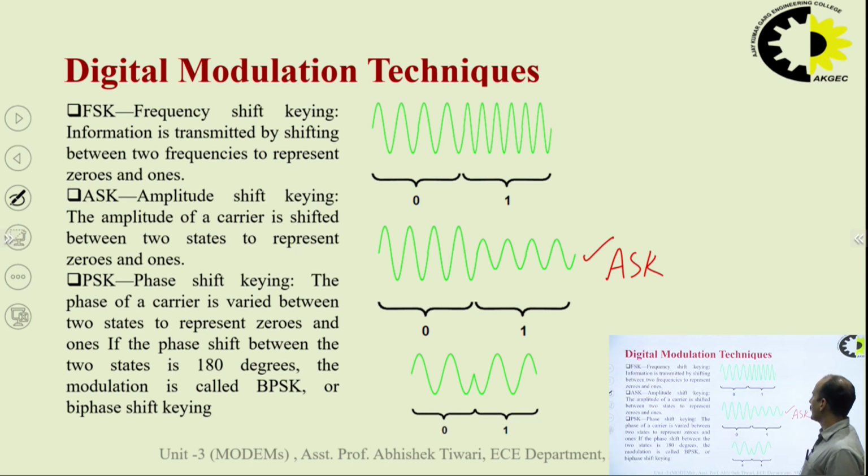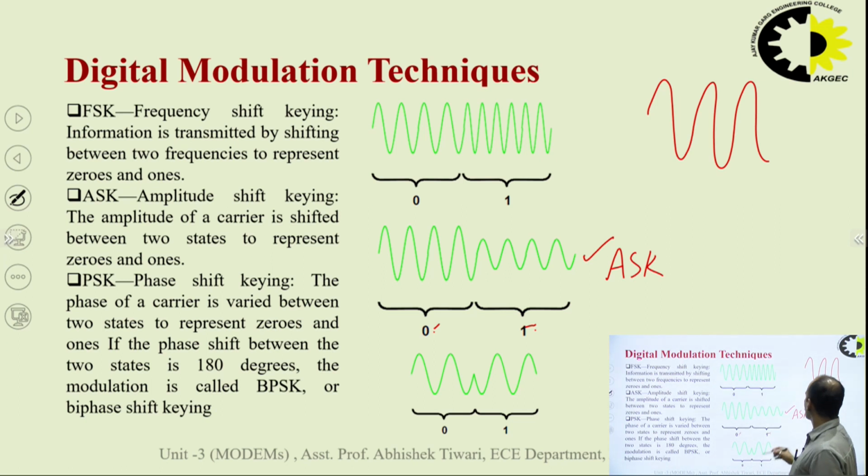Here you can see the modulating signal, that is the message signal. In the message signal we get a 0 followed by a 1. If we use this message signal to modulate this sinusoidal carrier, the carrier is modulated as per the incoming 0 or 1.